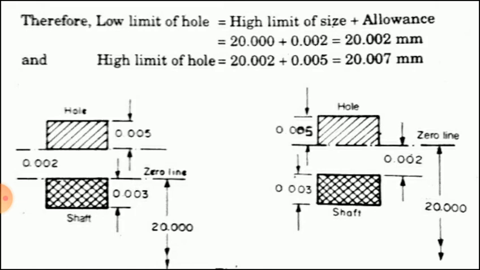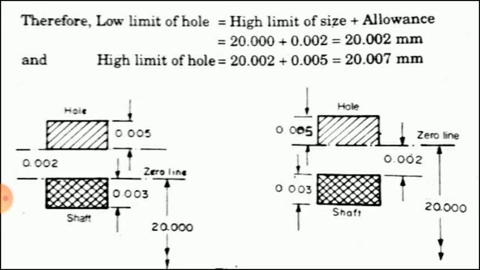So all these values you can calculate by drawing this type of diagram, that is for the hole basis system and the shaft basis system. So you can see here, the zero line is along the upper limit of the shaft, so that is the shaft basis system, and on the right hand side you can see there is the hole basis system.